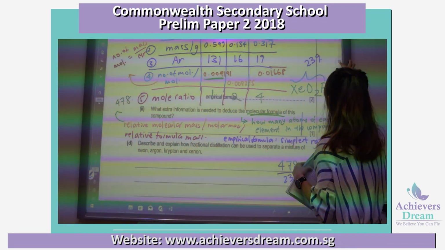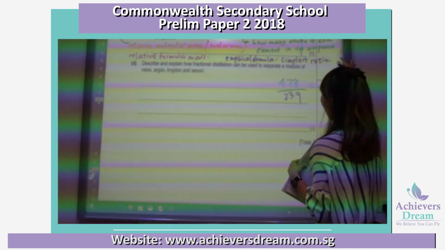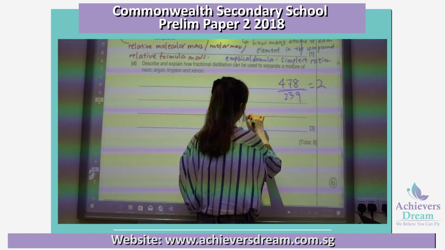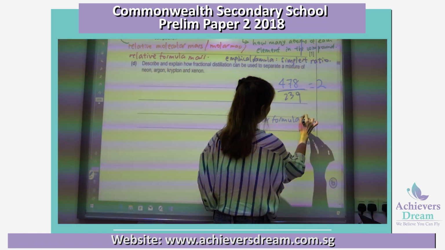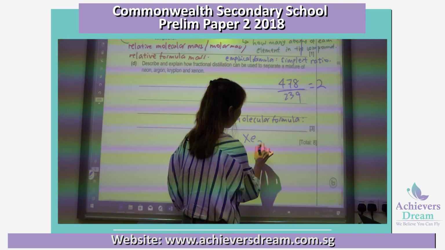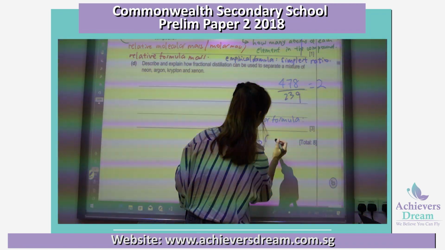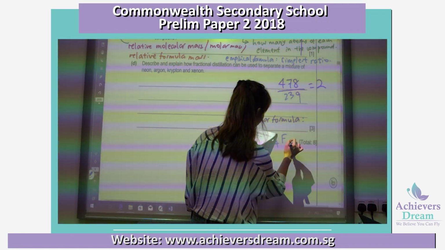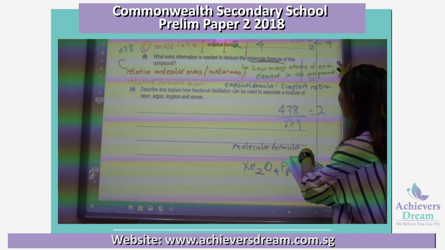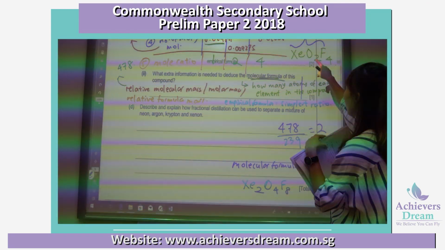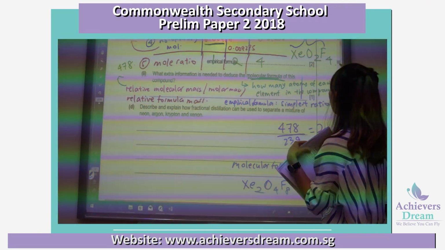So from this, I know that the molecular formula will be Xe2O4F8. This will be my molecular formula as compared to the empirical formula. It will be the empirical formula times 2 for every element.